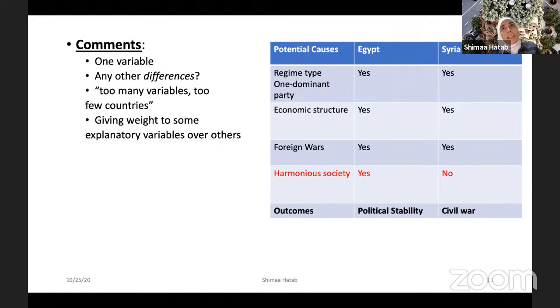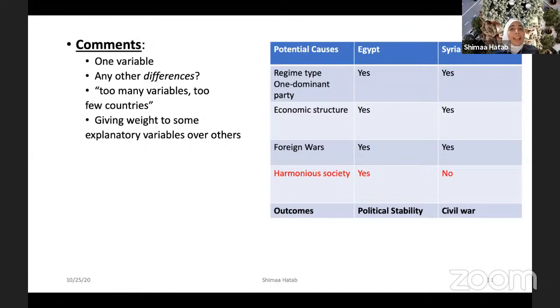They might focus on commercial and service sectors to boost their economic growth. For previous foreign wars, both of them had a war with Israel.